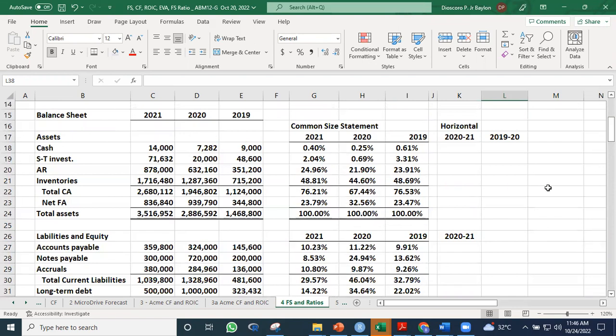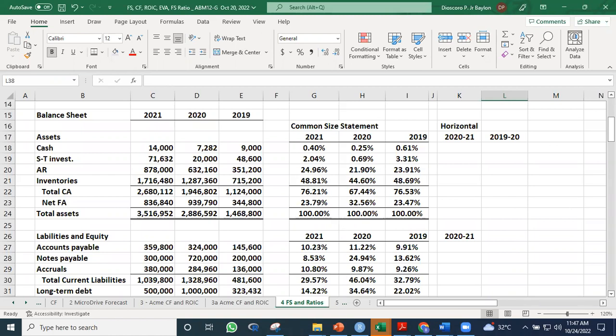This allows us to take a look at the nature of the assets. Ilang percent yung naka-invest dun sa klase ng asset. For example, for every 100 pesos of total assets, 76 pesos doon ang naka-invest sa current assets, 24 pesos ang naka-invest sa fixed assets.